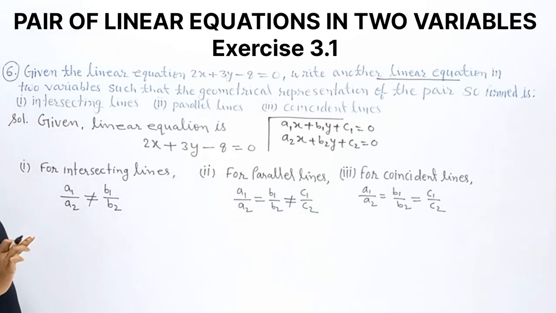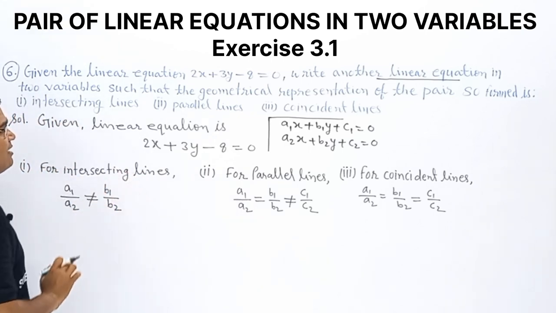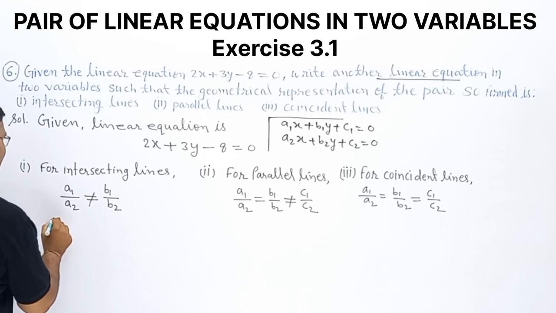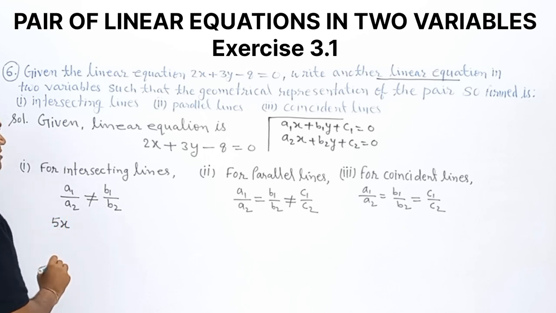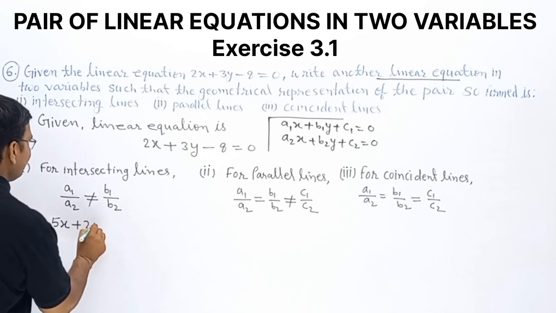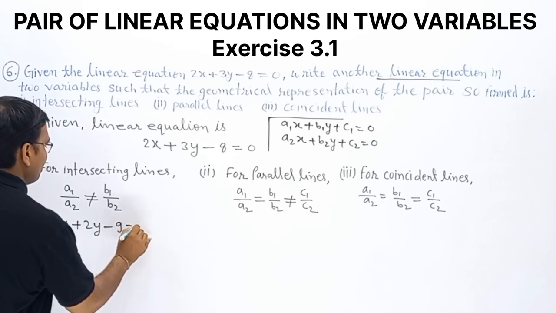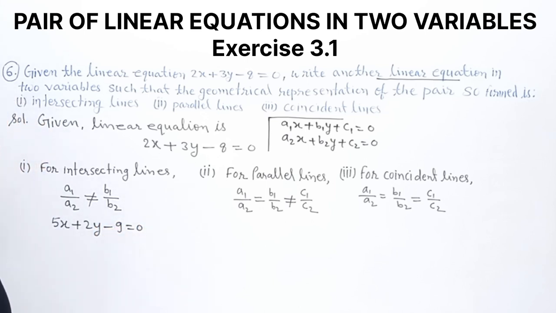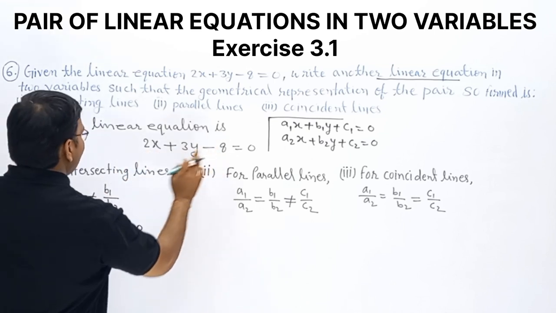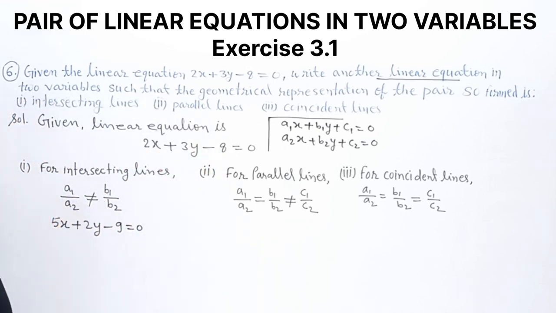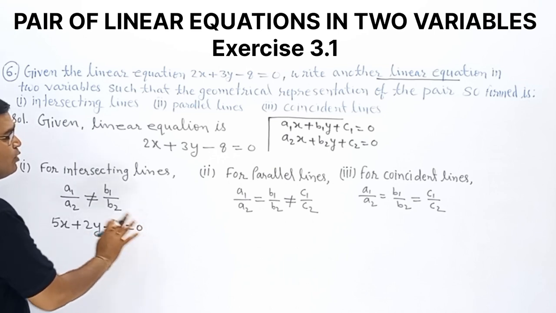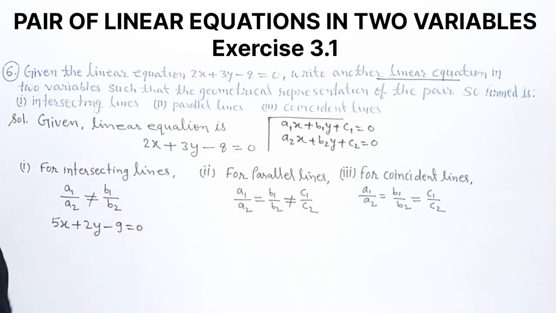Another linear equation for the intersecting lines I am writing is 5x plus 2y minus 9 equal to 0. This is the answer for intersecting lines.